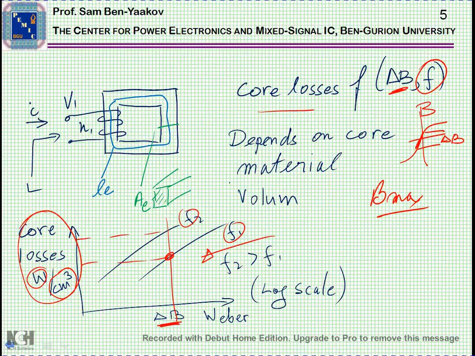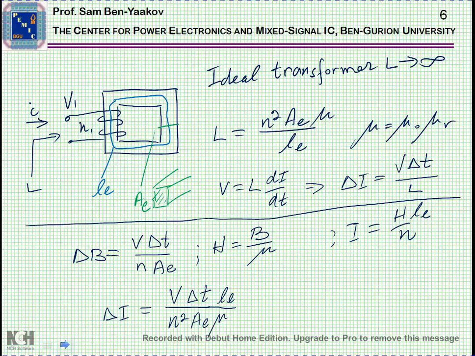So once you choose the operating frequency, you set a limit on delta B, considering the heat dissipation that you allow from the core, and this sets the Bmax, which is this value here. Now we go to the question of the inductance that we see when you look into a winding.